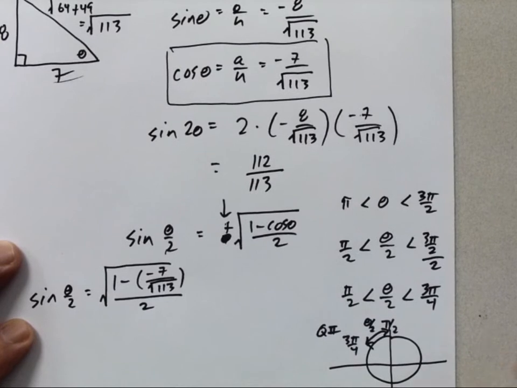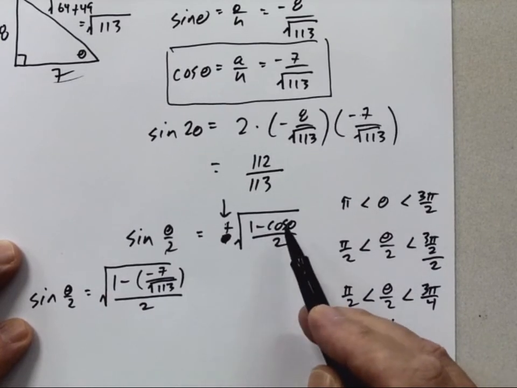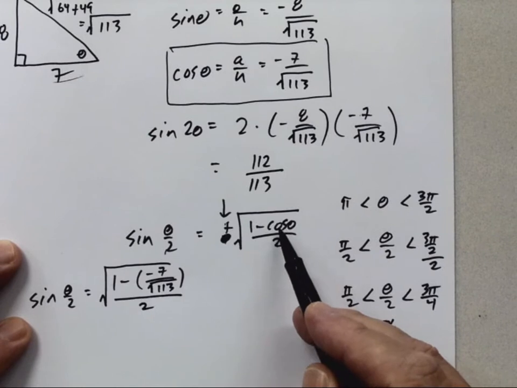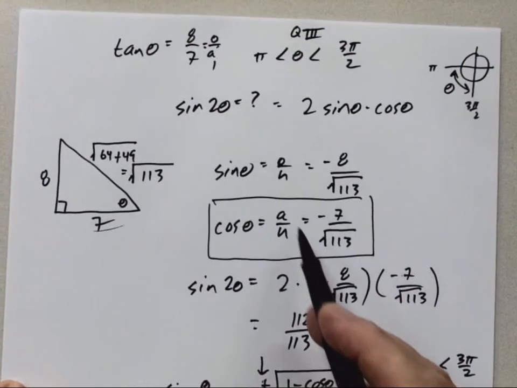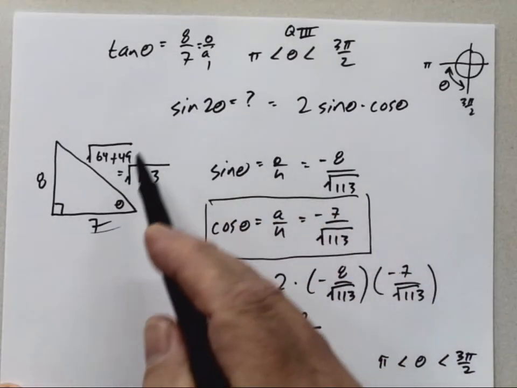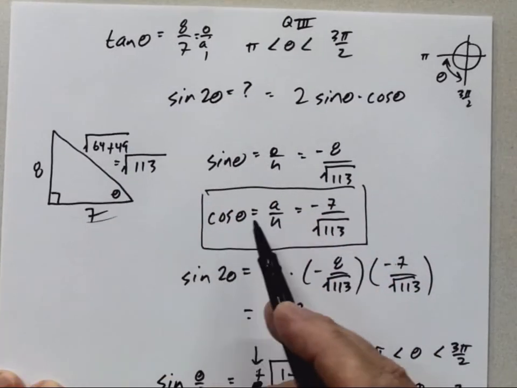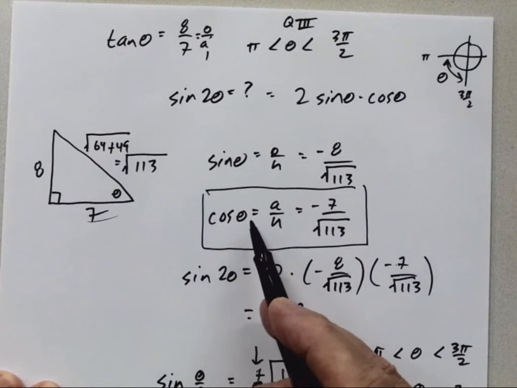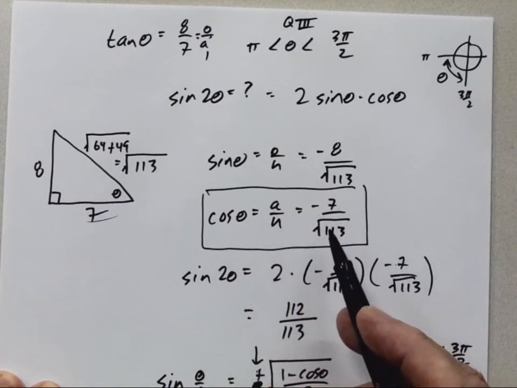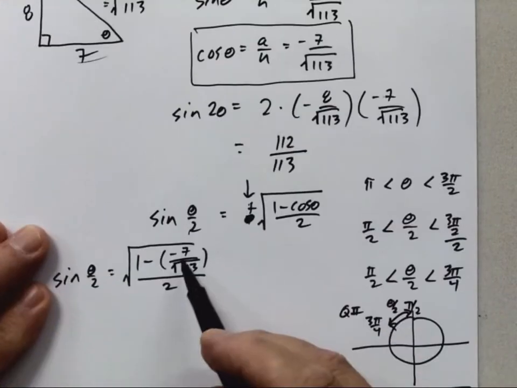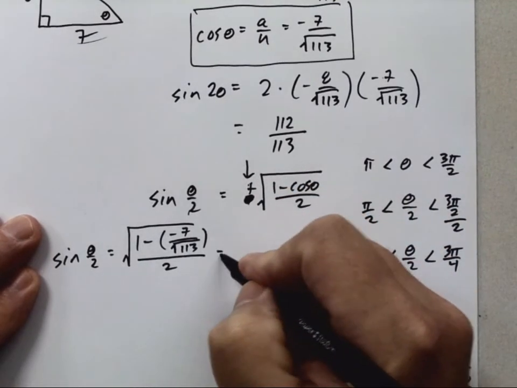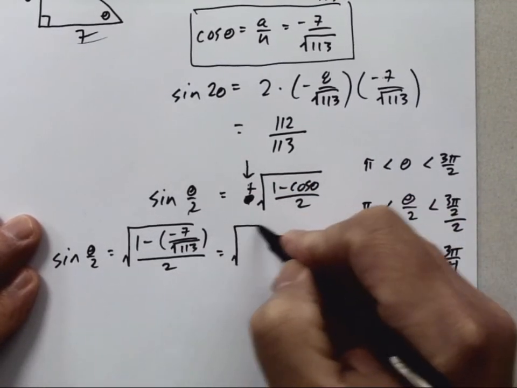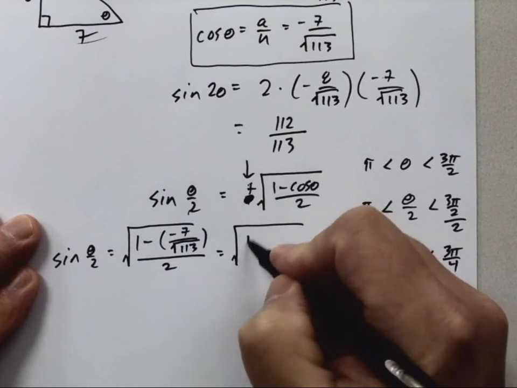Now when I actually start plugging in numbers into the formula, when I needed to plug in cosine of theta, that cosine of theta I derived way back from all this work up here. And when I did all this work, I realized cosine of theta is negative 7 over square root of 113. So that's why I plugged that in here.